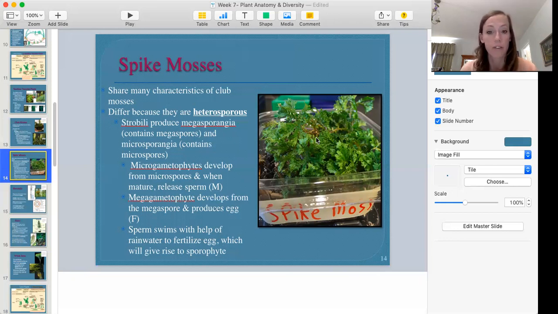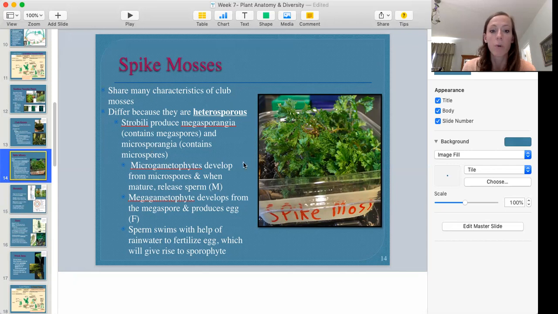One major difference, as I said, is that the spike mosses are heterosporous. So they still produce the strobili, but now there are strobili that produce megasporangia, that produce megaspores, and then separate microsporangia that contain microspores. So these will be the female and male counterparts, okay?